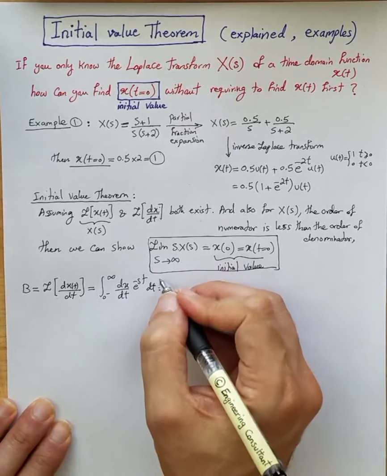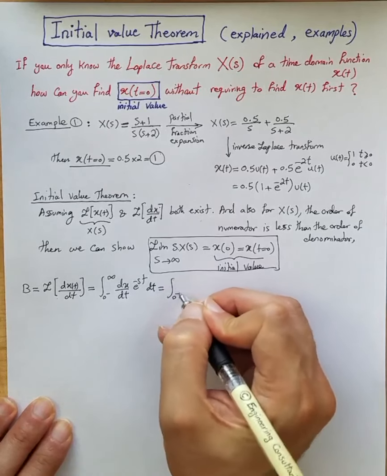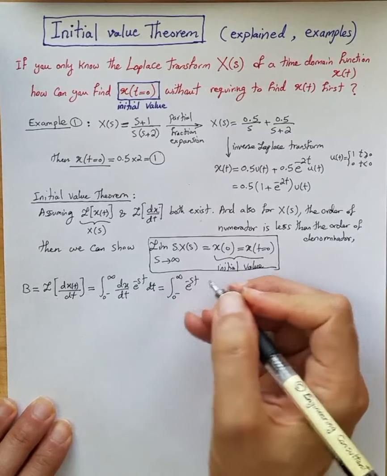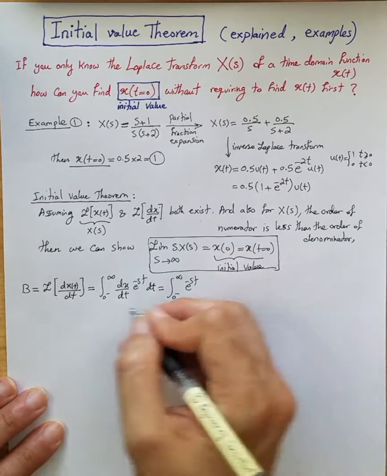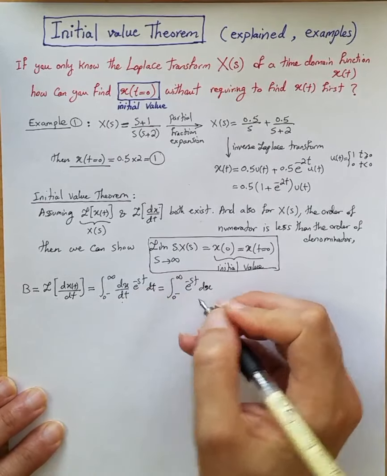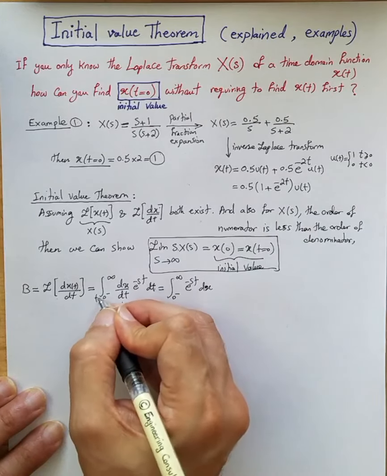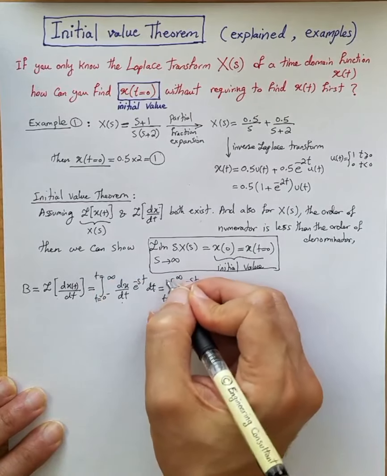This is equal to the integral from 0 minus to infinity of e to the minus st dx, since dx/dt times dt is just dx. I'm not changing the limits; we're still talking about time from 0 negative to infinity.